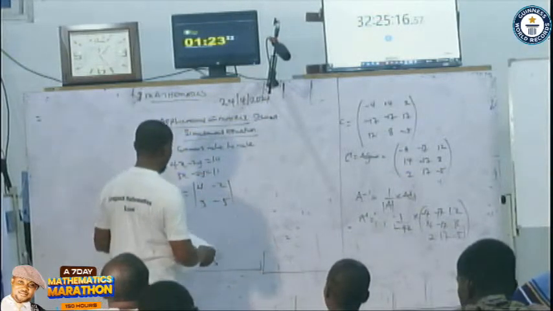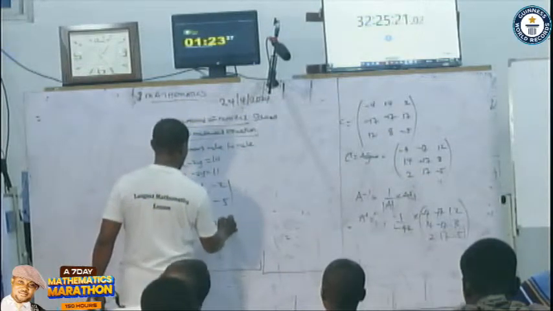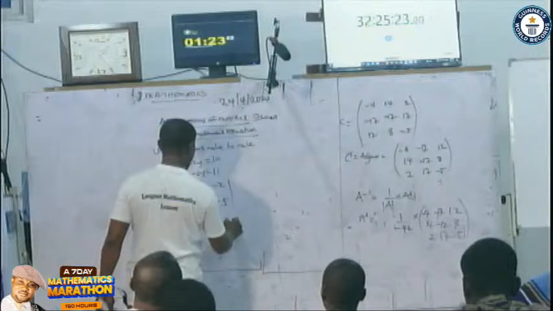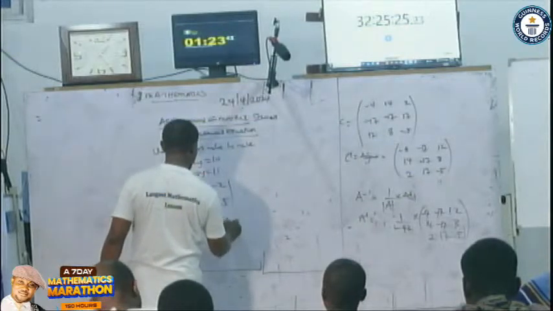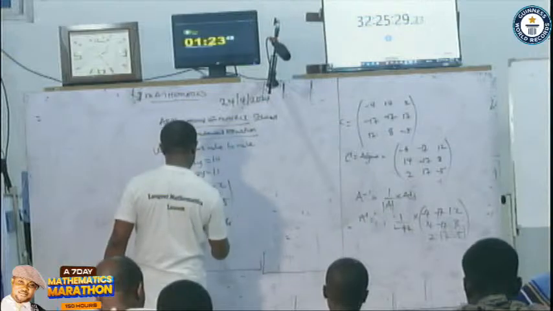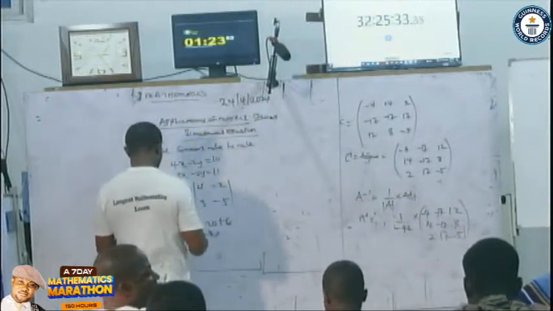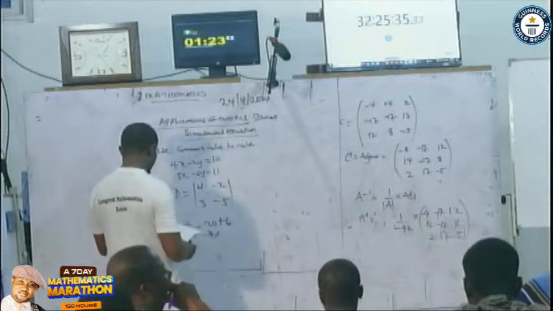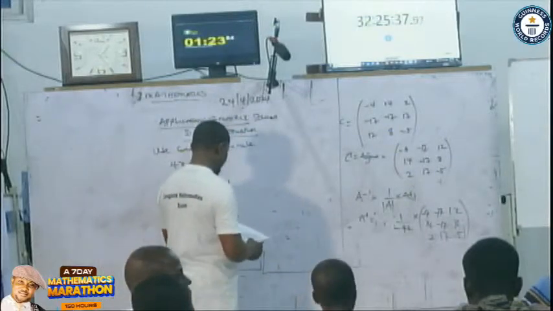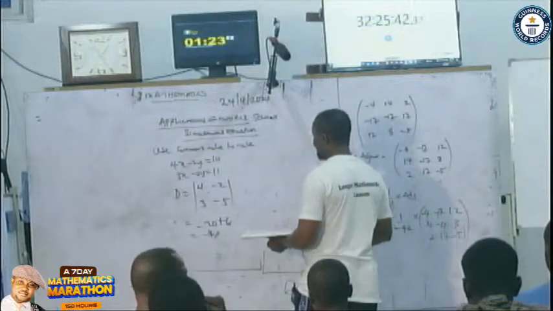So determinant of this will be equals to minus 20 minus, that will be plus 6. So that will be minus 14. So determinant is not 0, so you can find the solution of that equation.